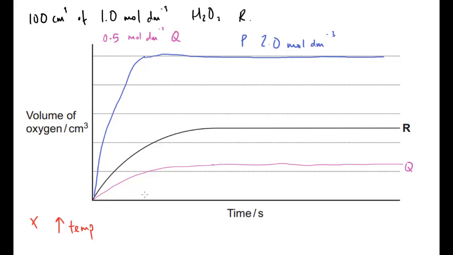Higher temperature means we've got more energy, faster, more frequent collisions, and therefore more successful collisions. This rate of reaction is going to be quicker, but we've not changed the amount, so I'm still going to get to my same ending point. So factor that across to about here, but I'm going to do it quicker.